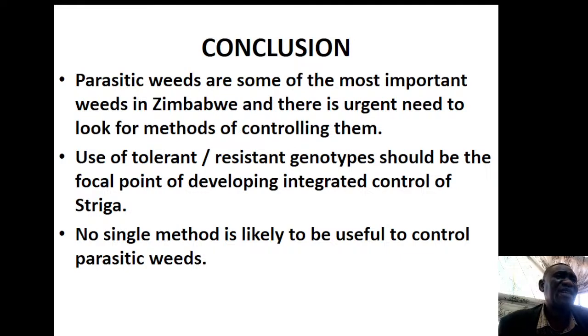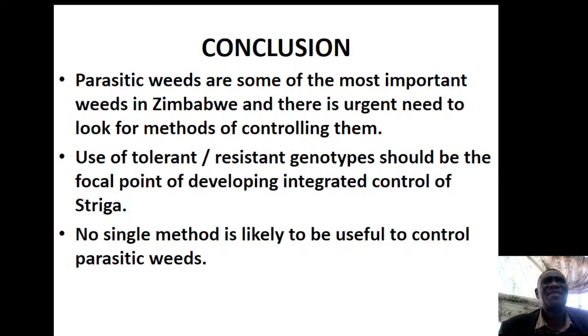Now, in conclusion, we may say that parasitic weeds are some of the most important weeds in Zimbabwe, and there is urgent need to look for methods of controlling these parasites. Use of tolerant or resistant genotypes should be the focal point of developing integrated control strategies.